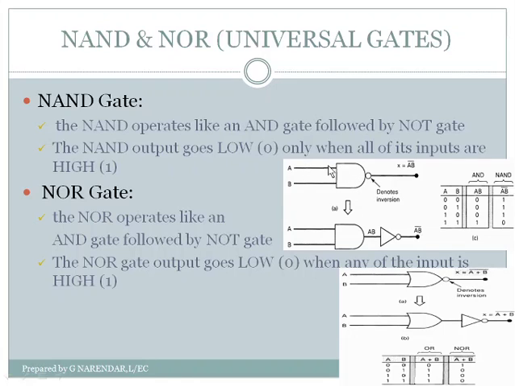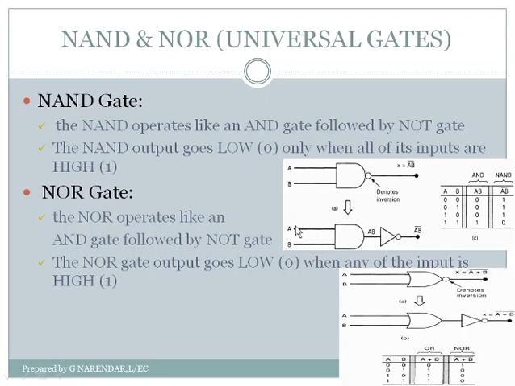This small circle denotes the inversion or complementary operation of the result of the AND operation of the input variables. So this logic symbol can conceptually be thought of as an AND gate followed by a NOT gate.